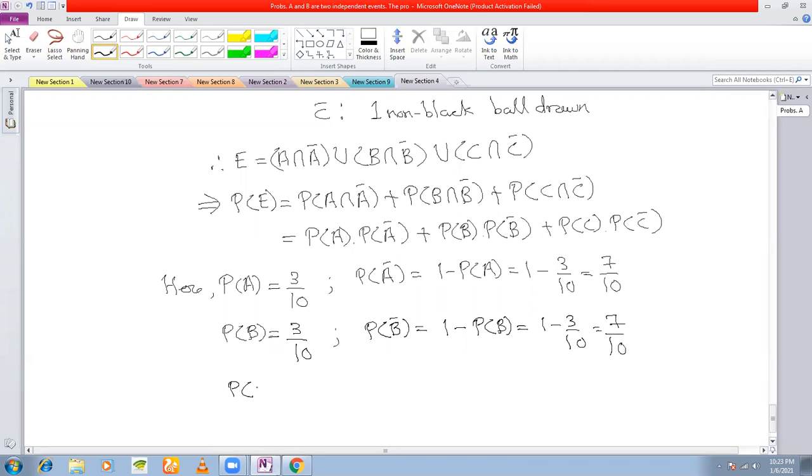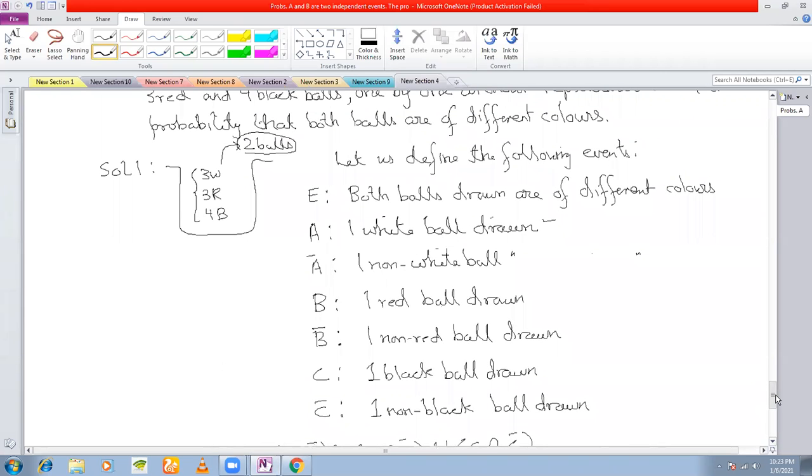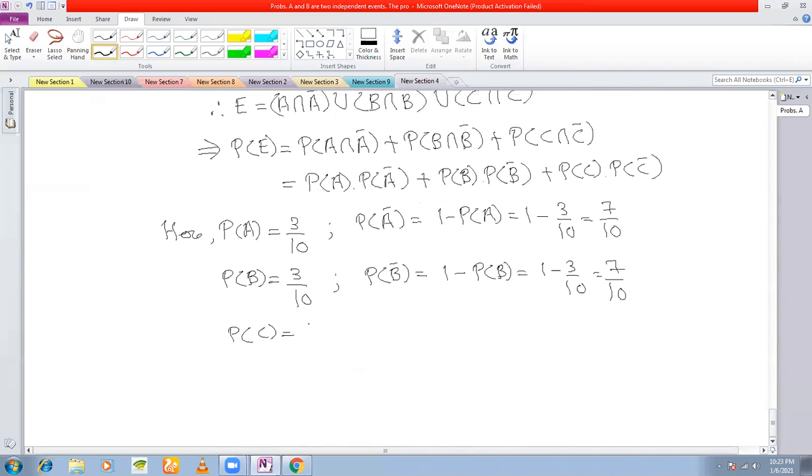How about P(C)? P(C) is one black ball. How many black balls? 4. Total number of balls 10. So 4 by 10. You understood this? P(C bar) is 1 minus 4 by 10, which is 6 by 10.